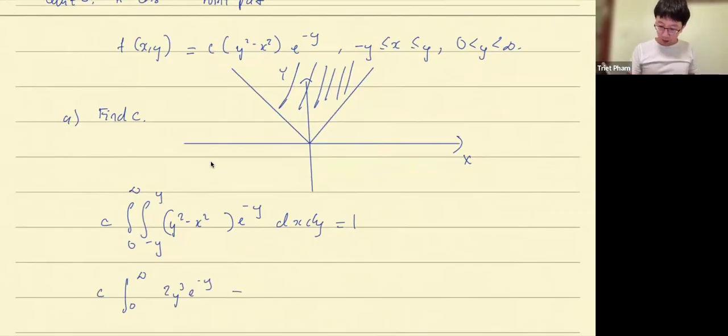Subtracting, the second one is x cubed over 3, plug in y minus y, and I can see here it doesn't help, but 2/3.